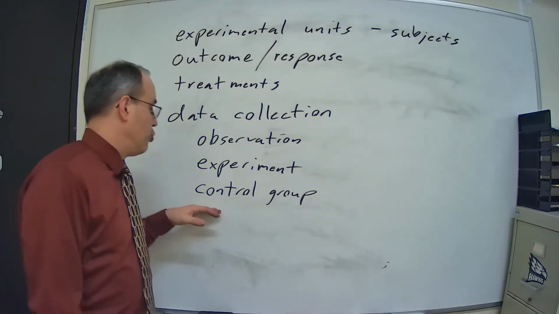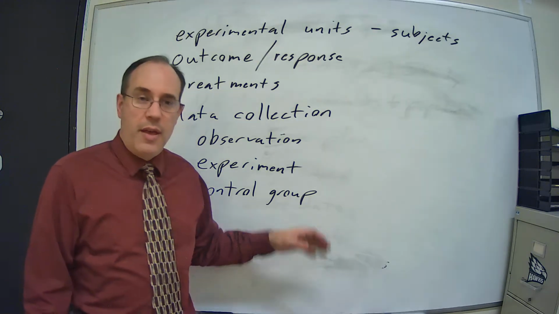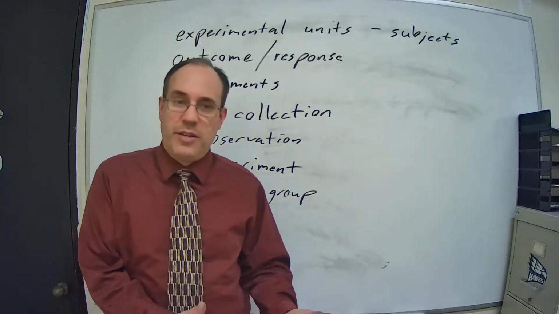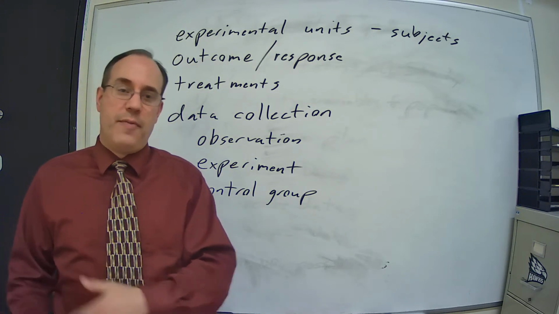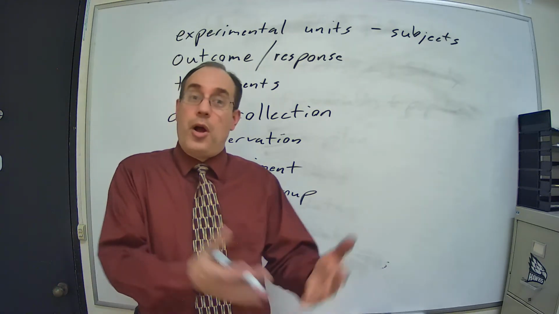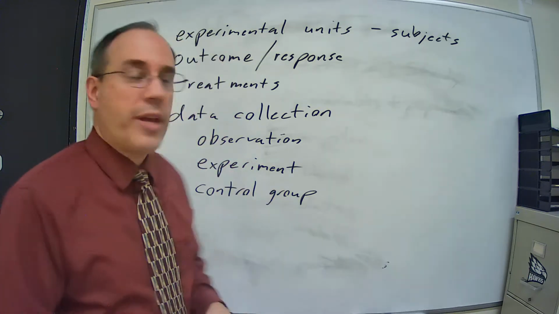Well, we will see some problems with that, because if you have a control group and a group that's getting a treatment, obviously the people in the control group know that they're not getting the treatment, and the people in the treatment group know they are. So we run into a problem there, and that's where we bring in a placebo.